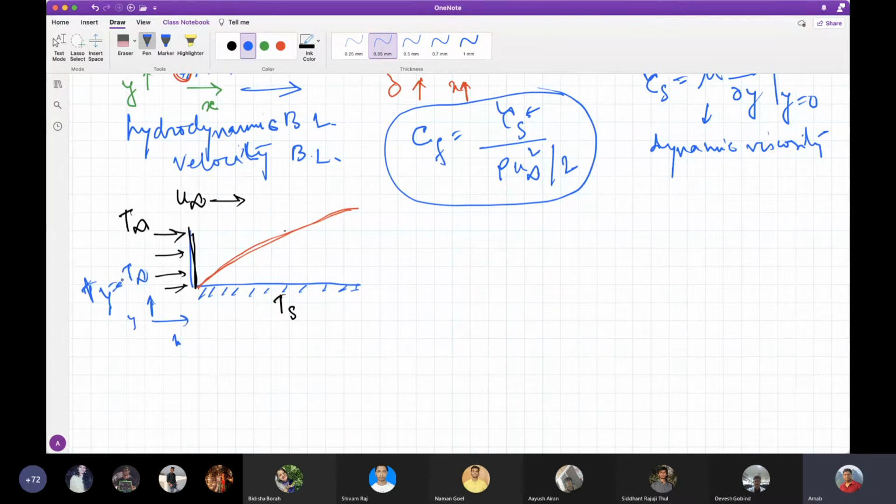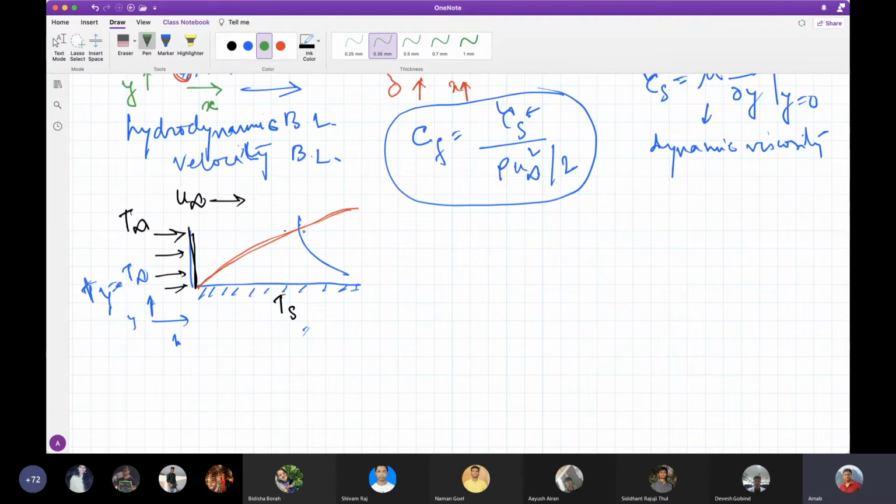When the fluid particle comes into contact with the plate, to achieve thermal equilibrium with the plate's surface temperature, what will happen? A thermal boundary layer will also develop, because there will be a temperature profile.